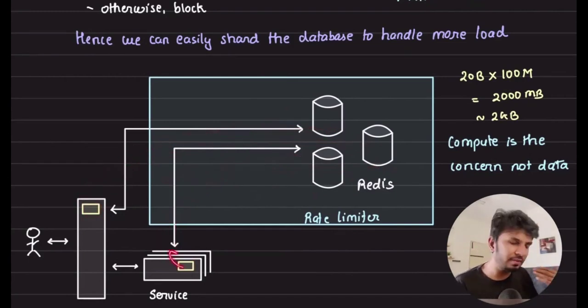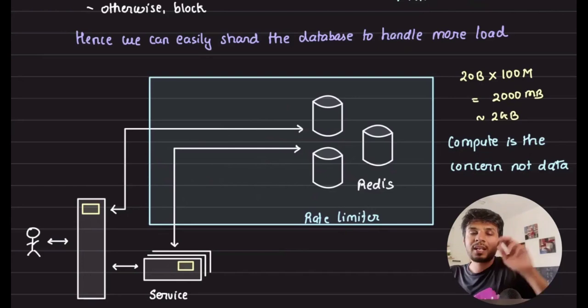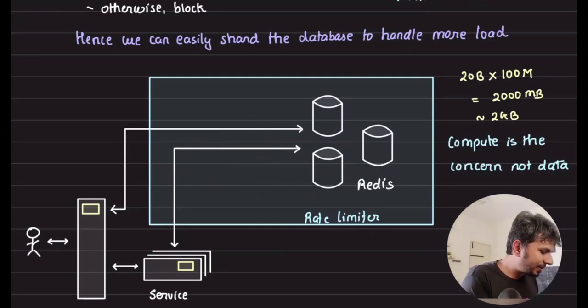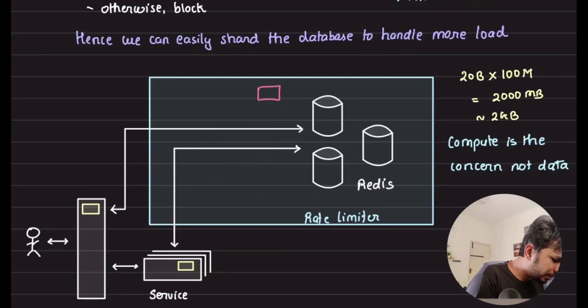It's the responsibility of this library, to be honest, to do that, right? So now we are making an assumption that this library knows how many Redis nodes we have. Where would it know that? This becomes a single static entry in your rate limiter service. Let me draw it neatly.